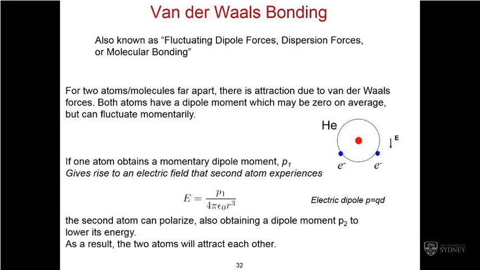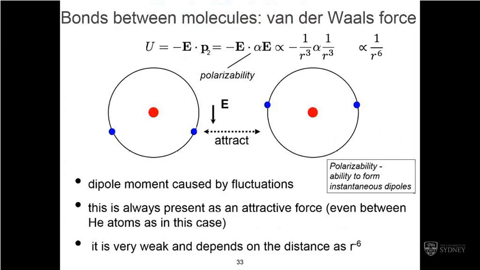So, you know, if we have now two of these helium atoms close to each other, we had the first one, and it will induce an electric field. This one will feel it. It will reorientate itself to set up a little dipole in the opposite direction, P2. And okay, how can we write P2?